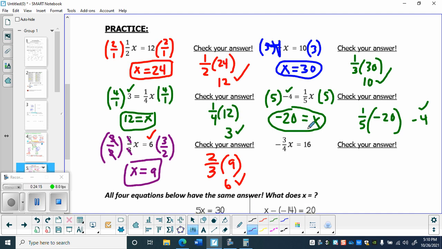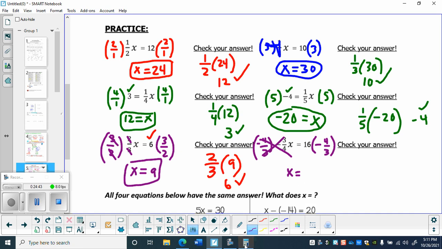All right, and now we have a final one here where our coefficient is a negative fraction, so a -3/4. So what we're going to do now is multiply both sides by a -4/3. Its reciprocal would be a -4 over 3. So we know this stuff cancels out and x is all alone.